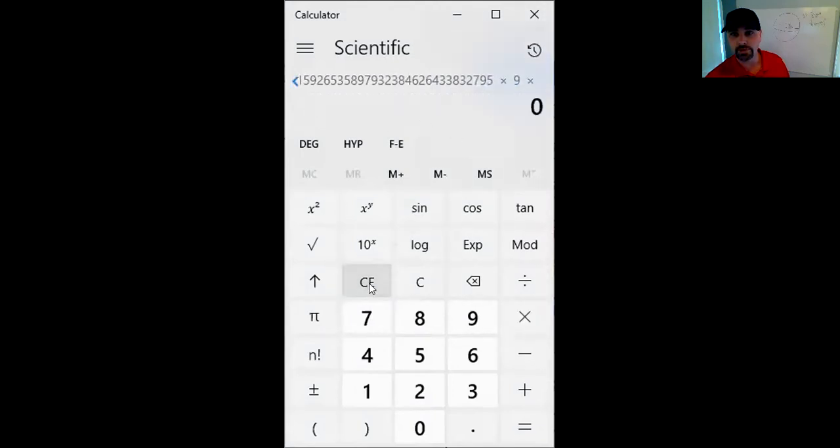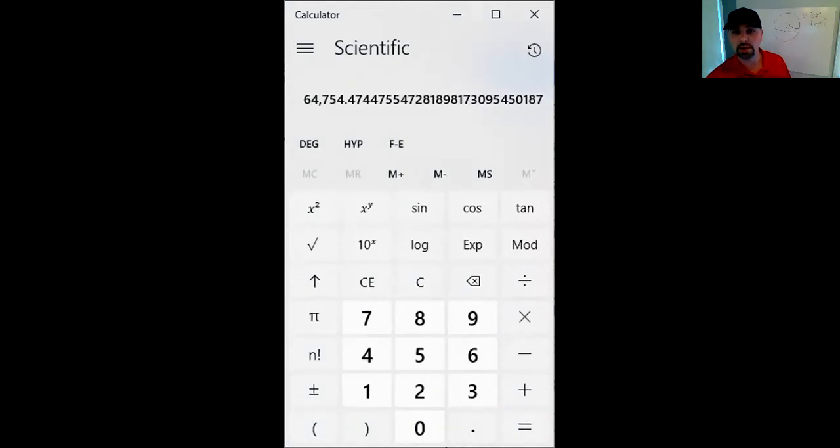Let me clear that. I don't think I did that right. Pi times the radius to the third power. Guess I'm just going to do times 9 times 9 times 9. You might have to do that as well.